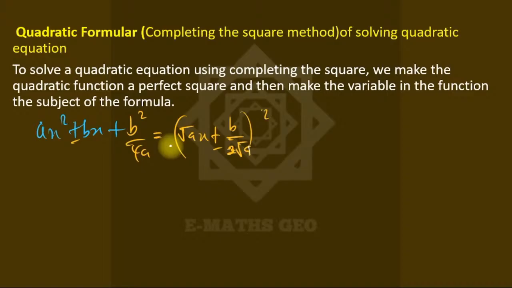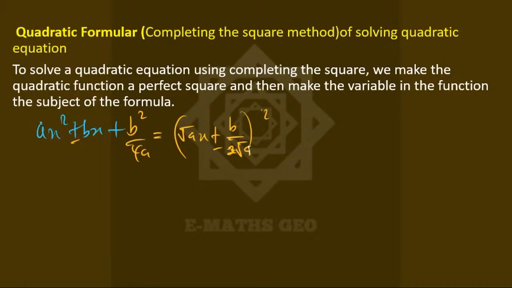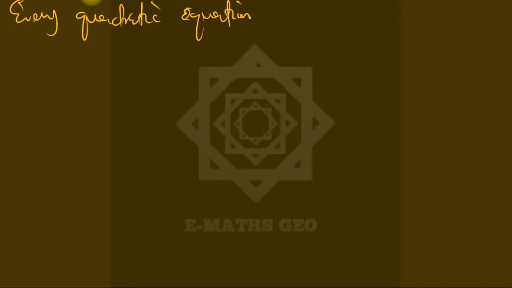So let's start. Before now, we know that generally a quadratic equation is always in this form. Every quadratic equation is always ax squared plus bx plus c equal to 0. Now let's solve.